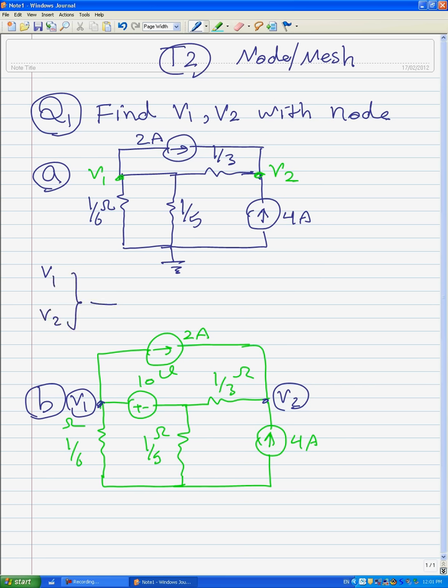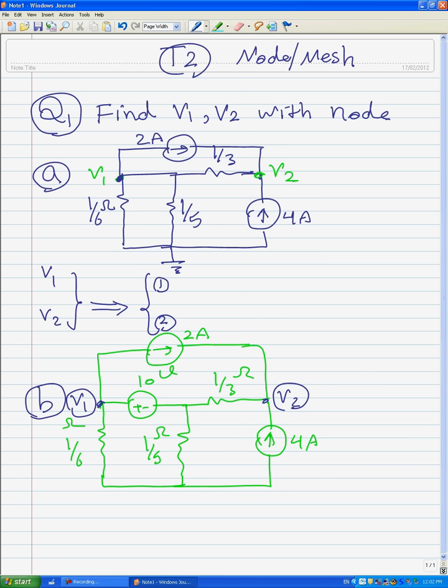If we can find two equations, equation 1 and equation 2, after simplifying, we can find V1 and V2. Equation 1 is obtained by applying node scheme in node 1. And equation 2 is obtained by applying node scheme in node 2.